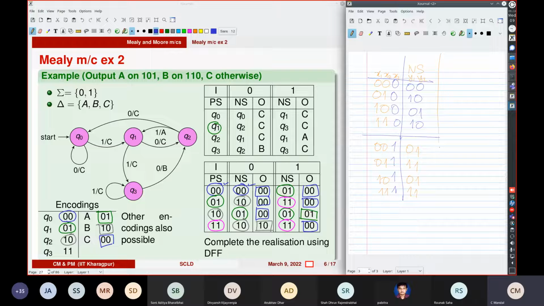Similarly, I can also construct the output function.